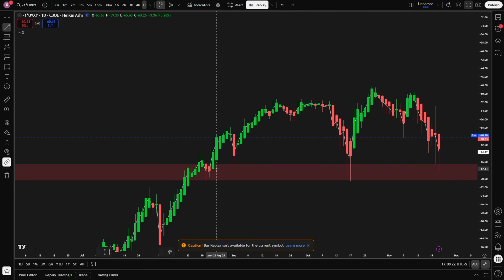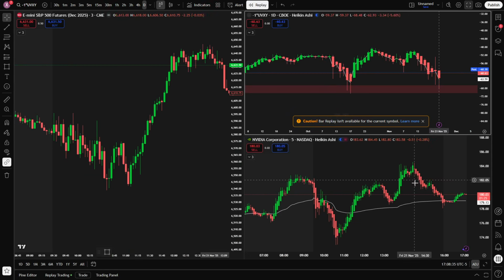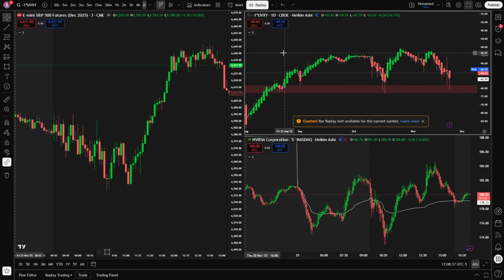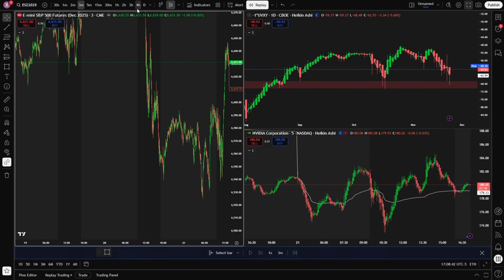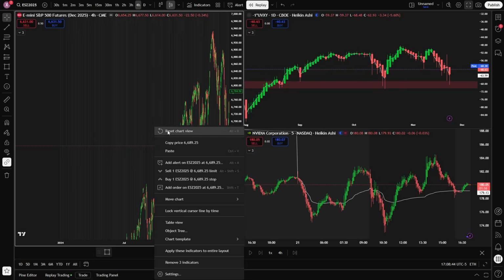From September, October, the 17th of October, November, and Friday. If I go to every day that I just pointed out, the first is the 22nd of August. We go down to the 4-hour chart.